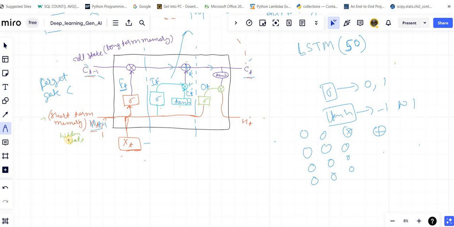This 50 that we were passing is exactly your number of nodes. And if there are 50 nodes for this, then it will be the same for all neural networks. For this neural network, this neural network, this neural network, this is the 50.